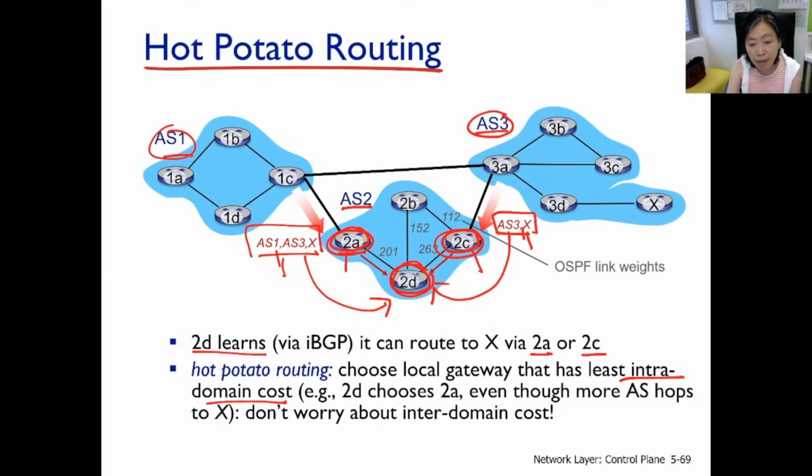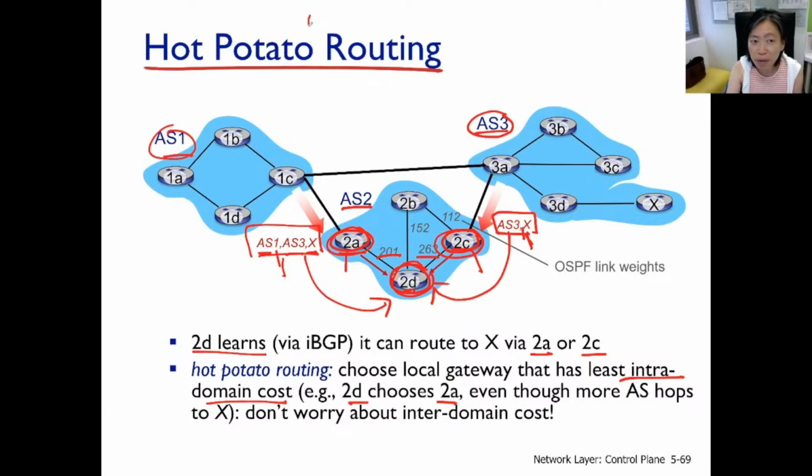So if you see the scenario, the distance from 2A to 2D is only the link cost between 2A and 2D, which is 201. The distance between 2D and 2C, however, is 263. So 2D here is going to choose 2A to forward the packets to. So it's going to choose AS1, AS3, X, this other AS path, which is actually longer than this other one, to pass the data.